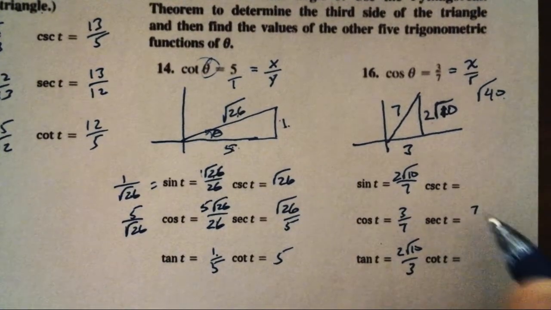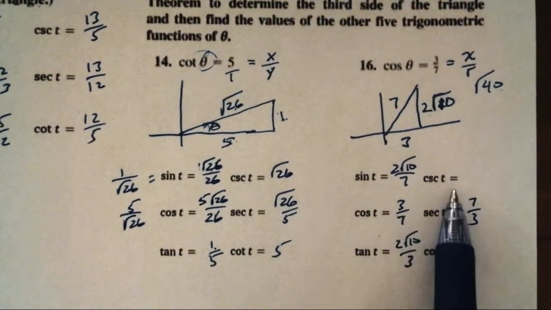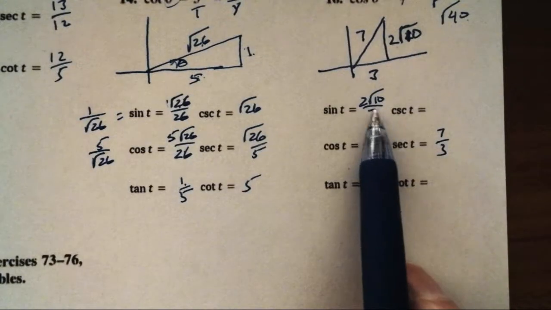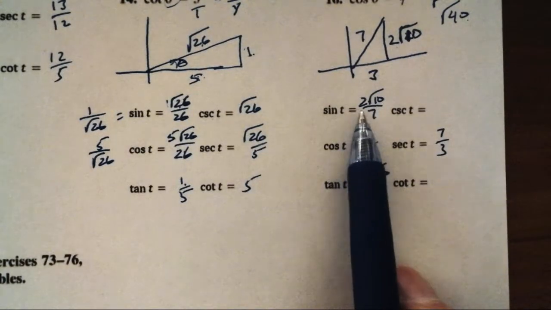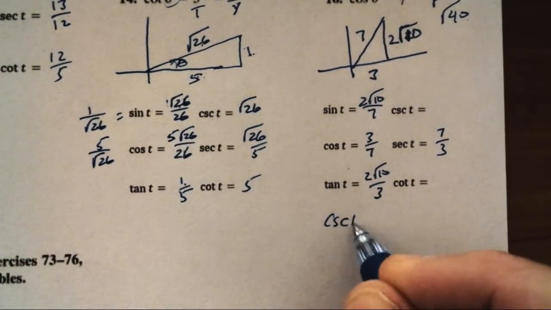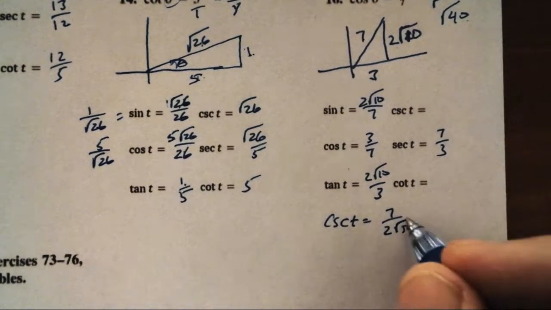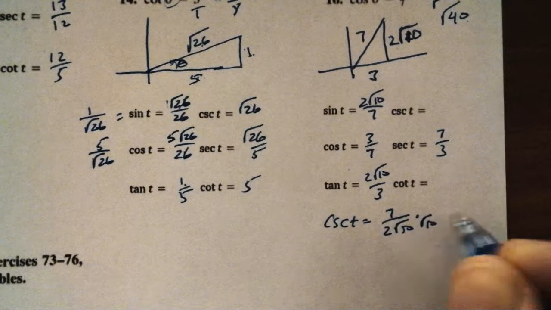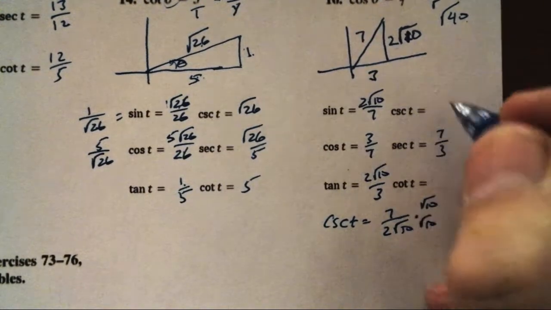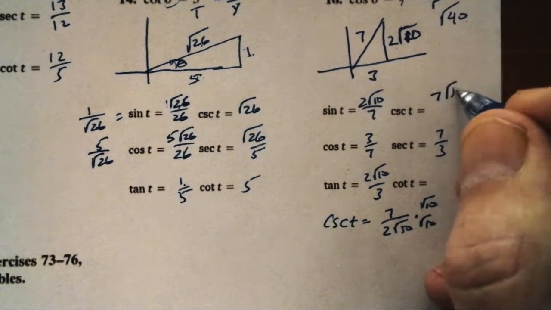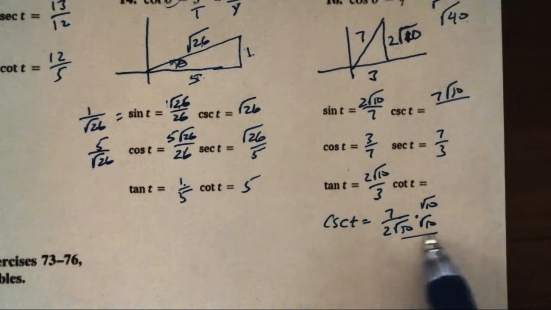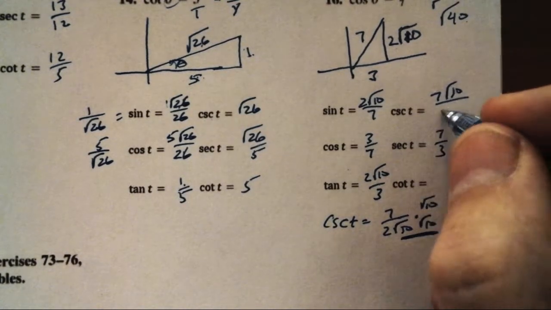Secant's a breeze, 7/3. For cosecant, I'm going to come down here and flip this guy. So cosecant of theta is 7 on 2 square root of 10, rationalize, times square root of 10 on square root of 10, and I get 7 square root of 10 on 2 times 10, 20.